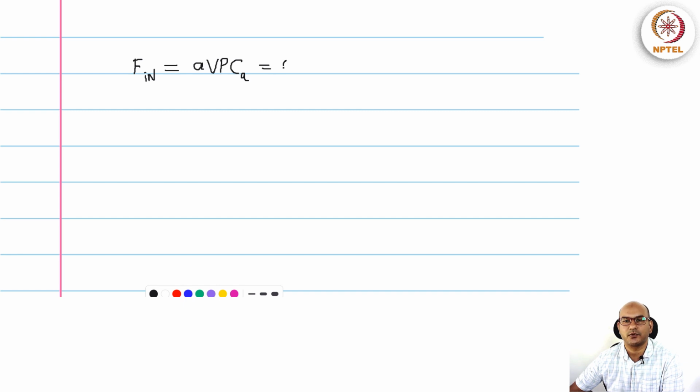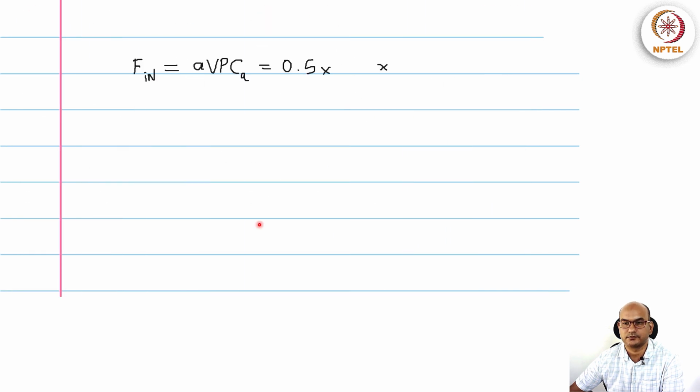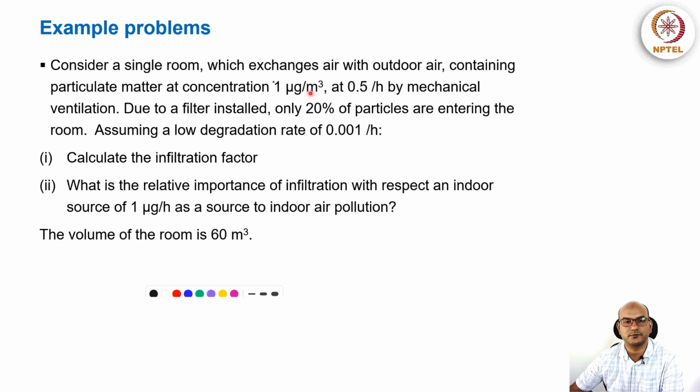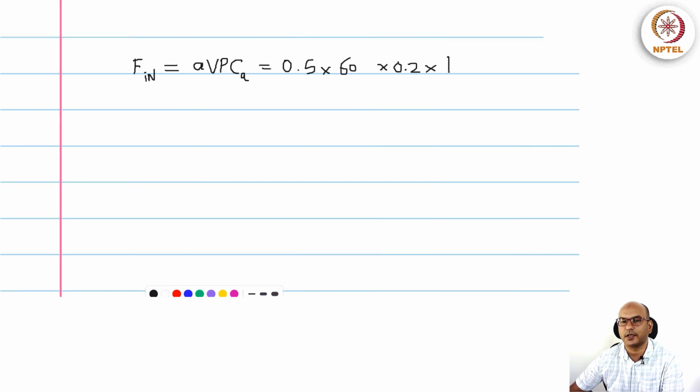So this is equal to 0.5 multiplied by, I'll write the volume first, the volume is 60 meter cube, 60 multiplied by P, which is 0.2, multiplied by C. Outdoor concentration is 1 microgram per meter cube. So 1.